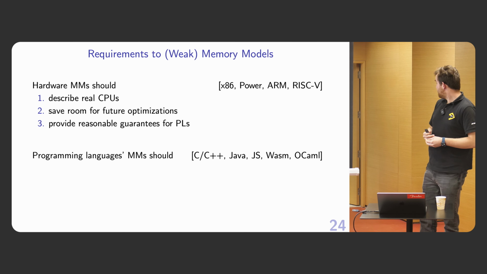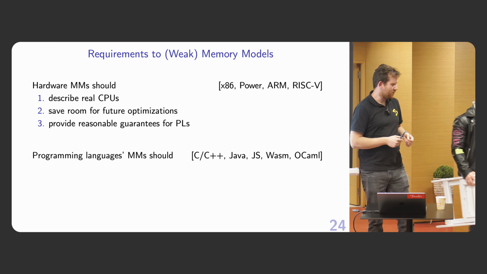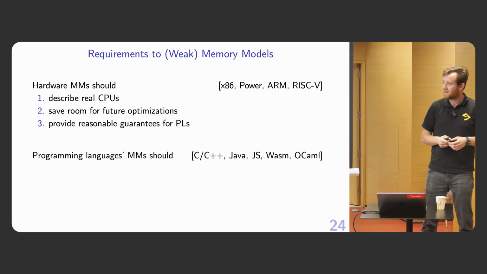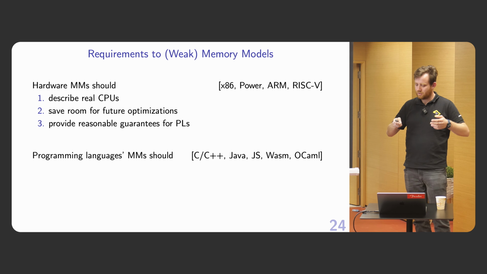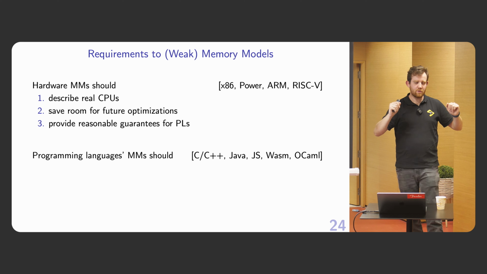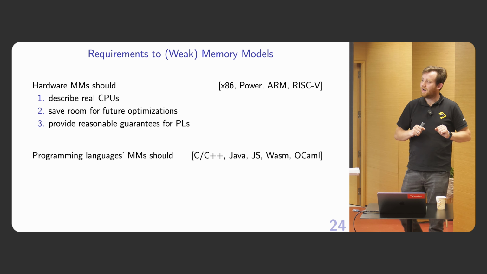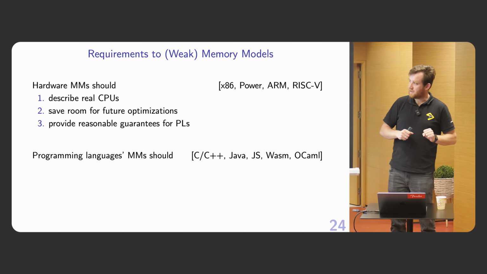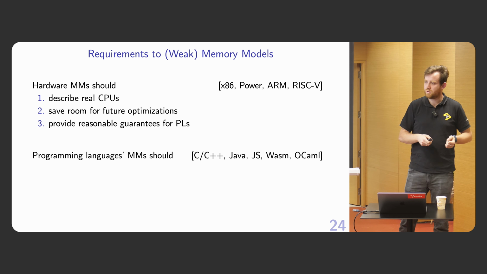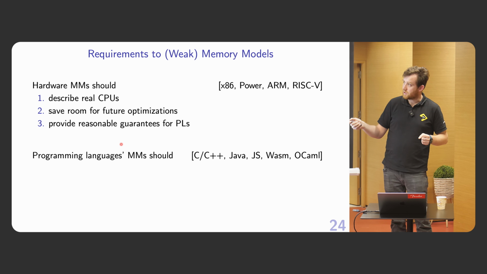And the third requirement is that, as we saw on the previous slide, we want to be able to build this tower of memory models. So we want to provide reasonable guarantees to compilers and to programming languages to build on top. This is essentially the requirements for hardware memory models.